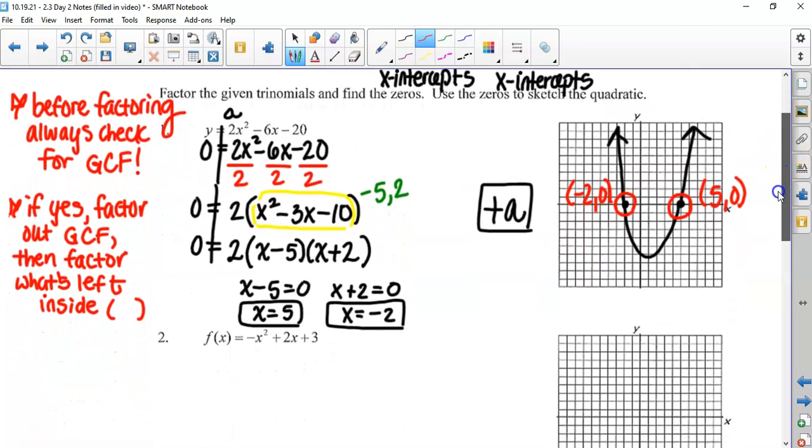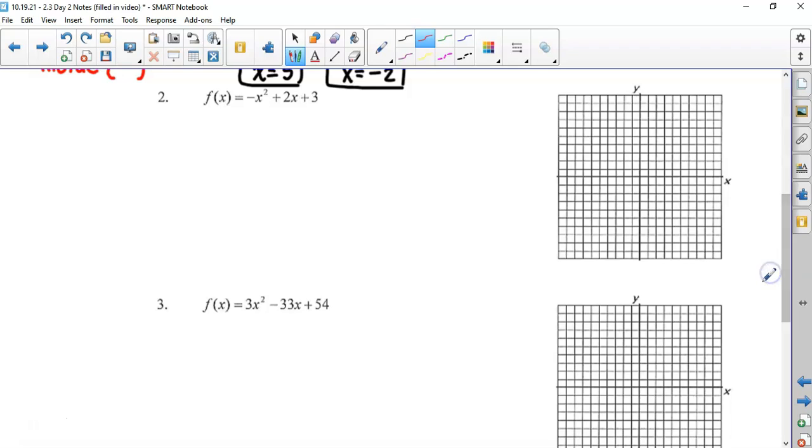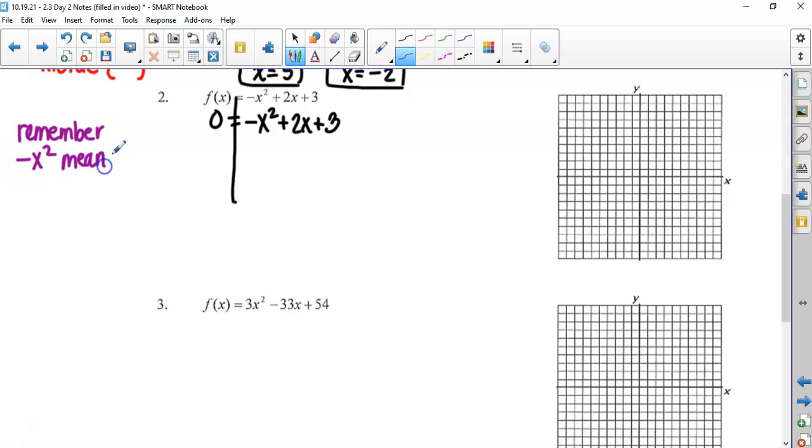Let's practice. This process repeats. Example number 2. First step, set it equal to 0. So 0 equals negative x squared plus 2x plus 3. We have a GCF here in disguise. That negative, so remember, negative x squared means negative 1x squared, which means we have a GCF here of negative 1.